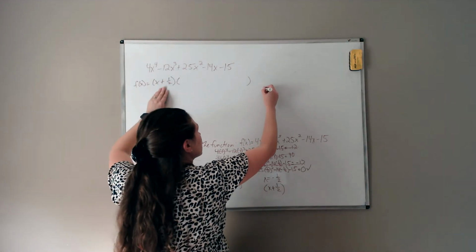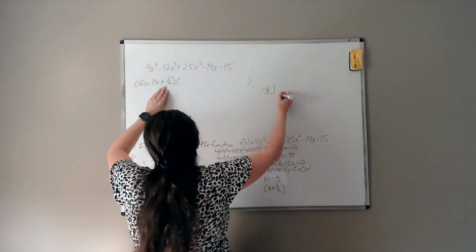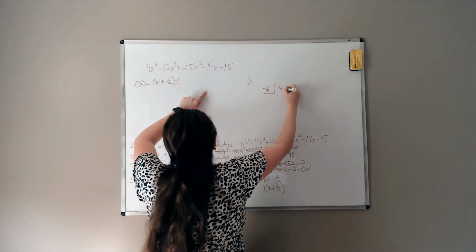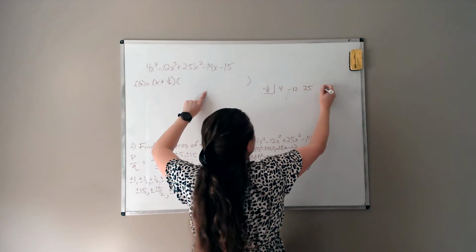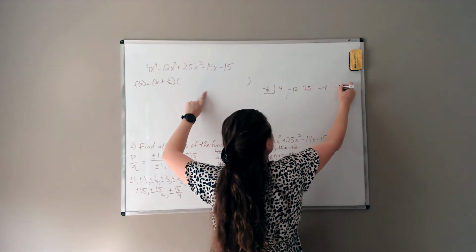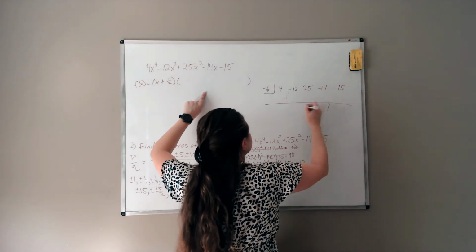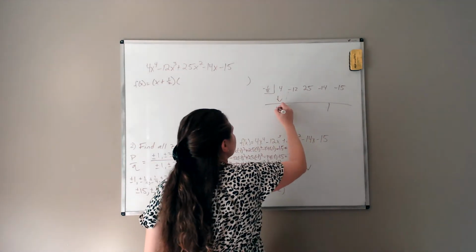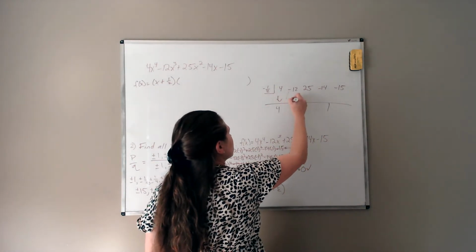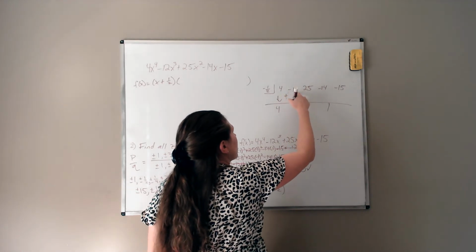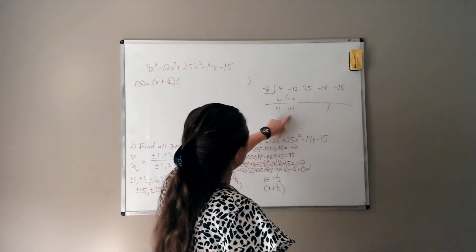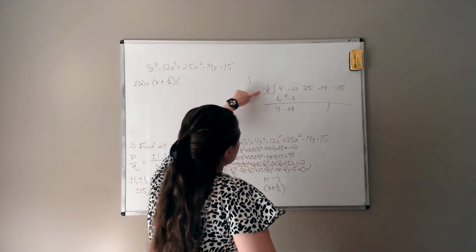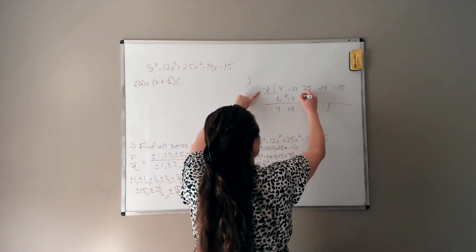So that means I would put negative 1/2 in the box. I don't need any placeholder, so it'd be 4, negative 12, 25, negative 14, negative 15. Bring down 4. 4 times negative 1/2 is negative 2. Negative 12 plus negative 2 is negative 14. Negative 14 times negative 1/2 is positive 7.